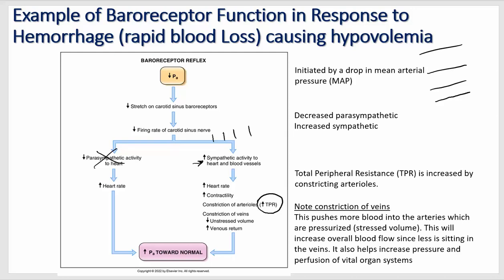So if this patient is hemorrhaging blood, one convenient thing to do would be to squeeze those veins and get that blood, instead of just sitting in the veins, really not doing anything, slow flow, we're pushing it into the functional system. So yeah, it was moving slowly, but now we pushed it into the arteries, and we're going to increase pressure and increase perfusion. That's what we want, we want to perfuse the organs. Okay.